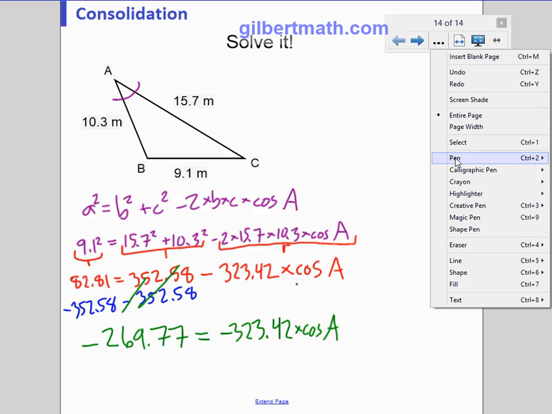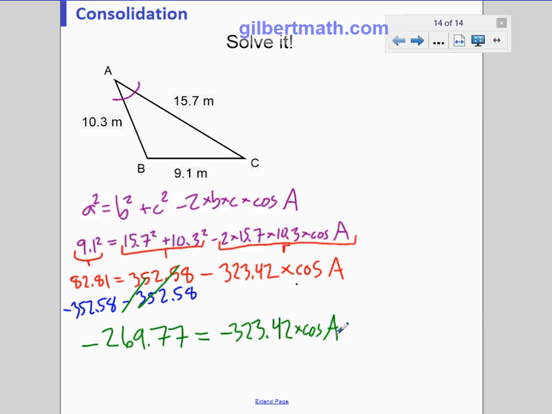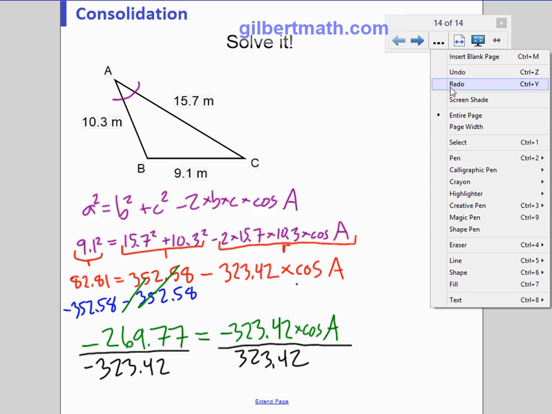The next thing we need to do to get cos A by itself is divide by this whole number. Now, if you've been careful, you still have the negative sign there. It is a very common mistake for this little tiny negative sign to get dropped along the way. But don't drop it because it really does matter. So I'm going to divide on both sides by 323.42.